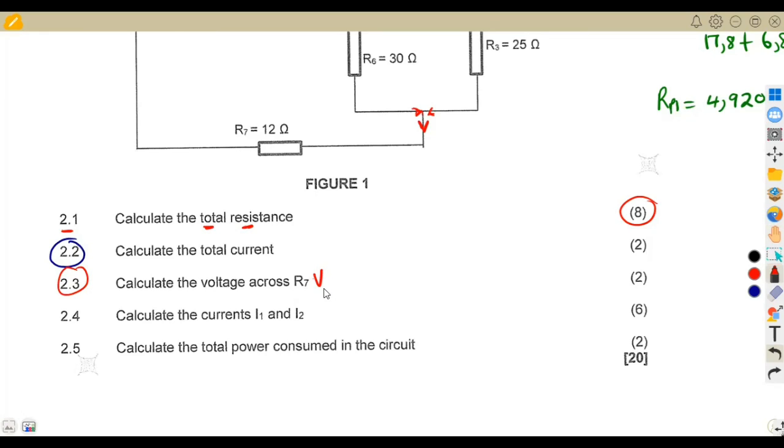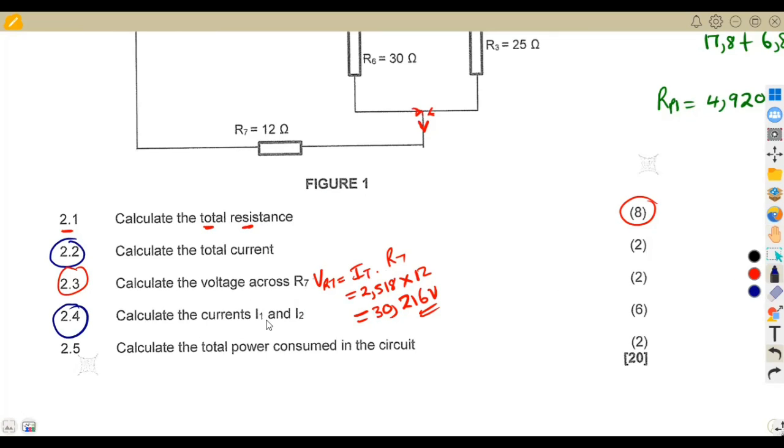VR7 is the total current times the resistor R7. Our total current is 2.518 times our R7, which is 12 ohms. That is going to give us 30.216 volts. All right, so that was it on this one.